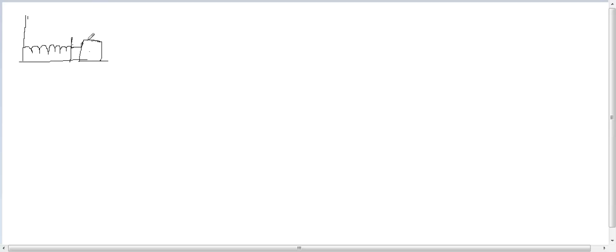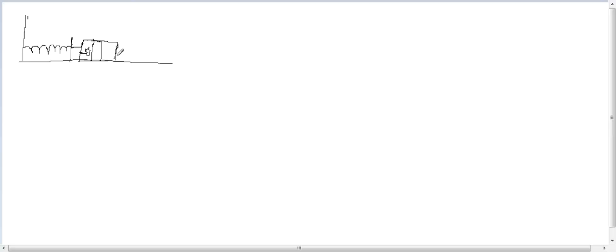When we displace this block, let's suppose we displaced this block by amount x. So it reached somewhere here. This is the new position.